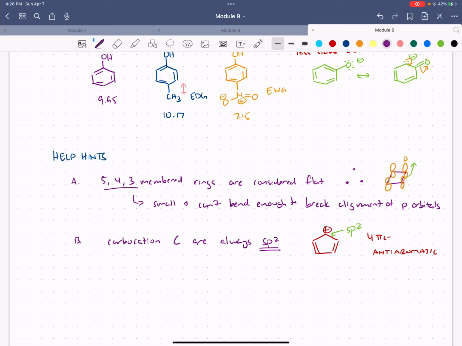Now, I didn't go over this in class, but also boron with 3 single bonds is always sp2. So great. If you have a ring, it could be aromatic if it has boron, because boron is sp2. It cannot choose to be sp3.